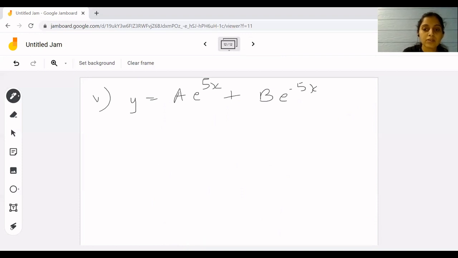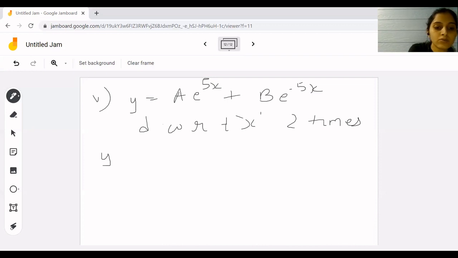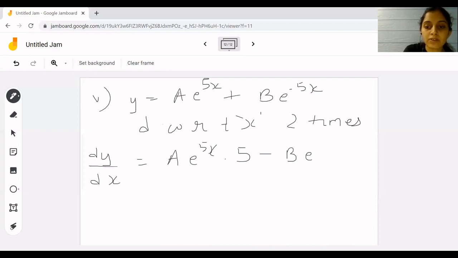Okay, now here you can see that there are two constants. So let us see how to eliminate both of them. So differentiating with respect to x, you can say 2 times already, so don't have to write it again. First differentiation, so dy by dx is equal to a e raised to 5x into 5 minus b e raised to minus 5x into 5.